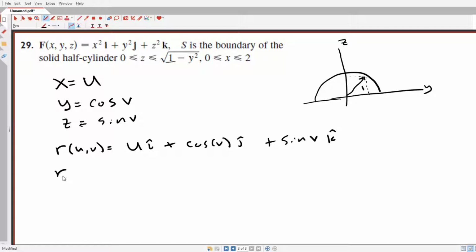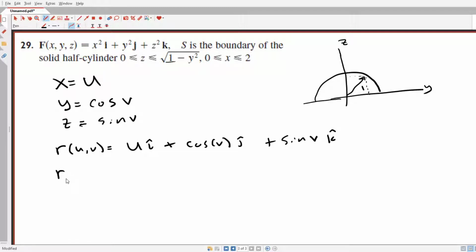They're all squared? No, this isn't the function. This is my surface. R describes my surface. If I wanted to write the function in terms of u and v, yes, I would square them, so this is the x component squared, and I'll do that a little bit later, not yet. But this describes the points on my surface.